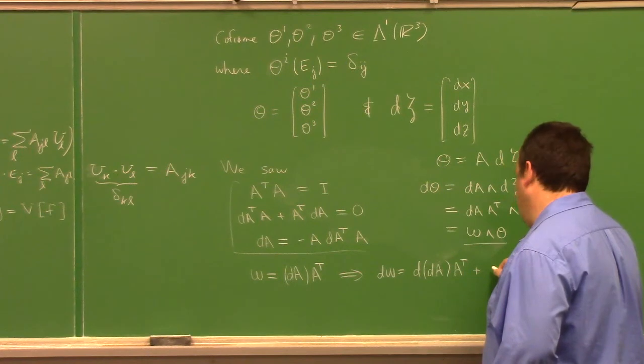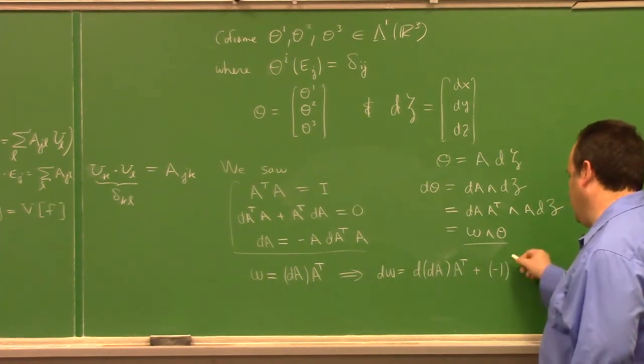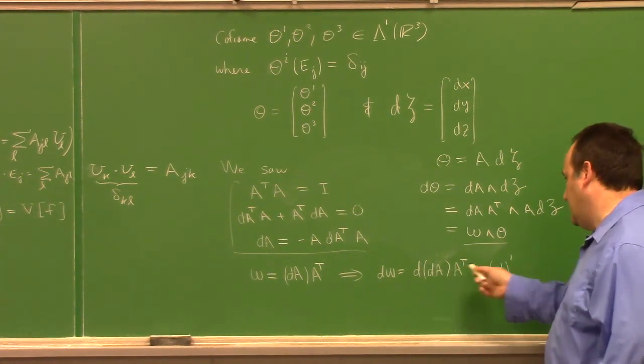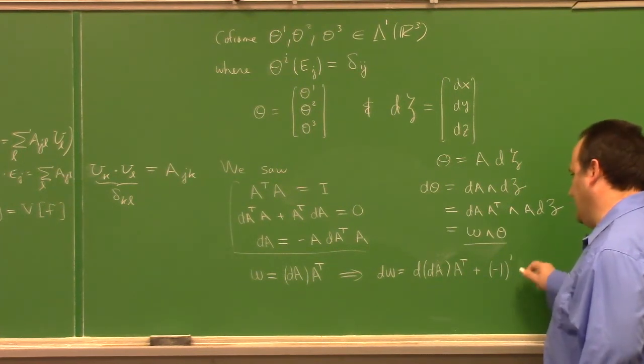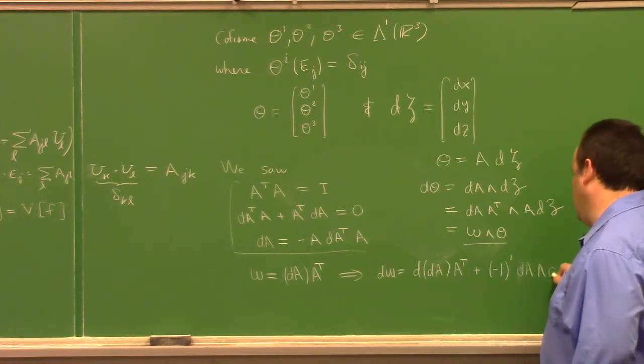And then minus 1 to the what? To the degree of dA. What's the degree of dA? It's 1, because dA is a matrix of 1 forms. Okay, dA wedge dA transpose.